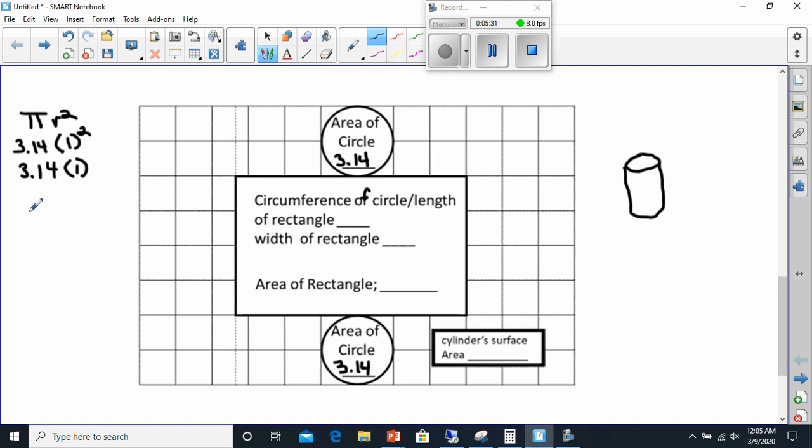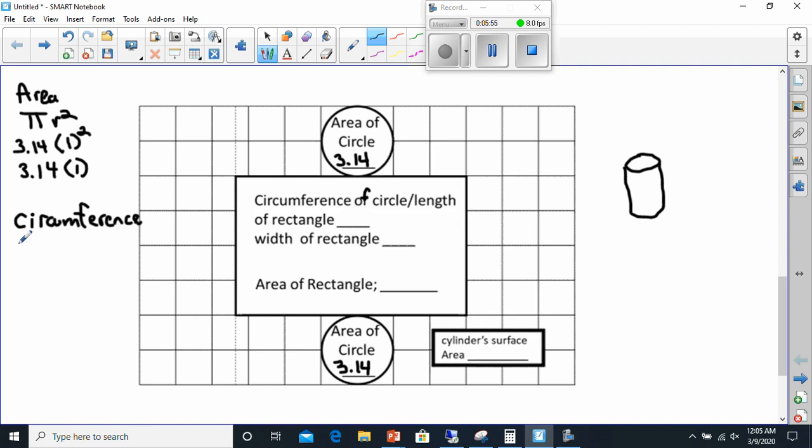I know the formula for area was pi r squared. The formula for circumference is a bit different.